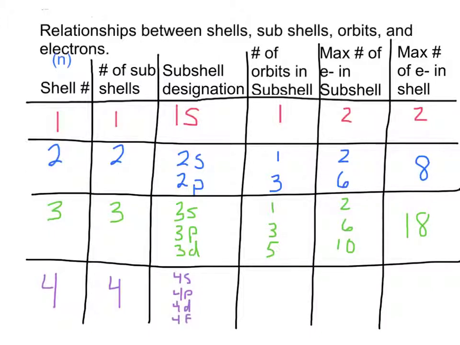We have 1 orbit in the S subshell, 3 orbits in the P subshell, 5 orbits in the D subshell, and 7 orbits in the F subshell. That means I can hold 2 electrons in the S, 6 electrons in the P, 10 electrons in the D, and 14 in the F, for a total of 32 electrons in the 4th level. And we could keep going. We only know up to F, so we don't know if there's a G or an H or a different shell, so the max that we have right now is the F subshell, which gives 32 in each of these.